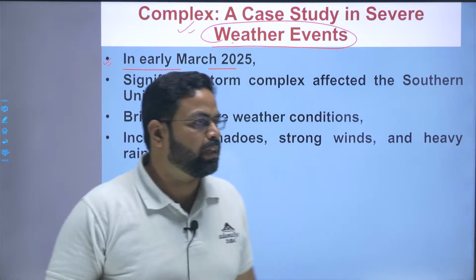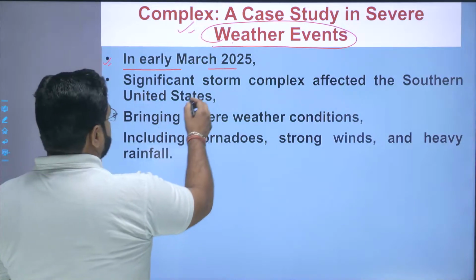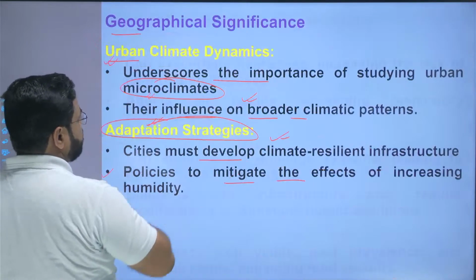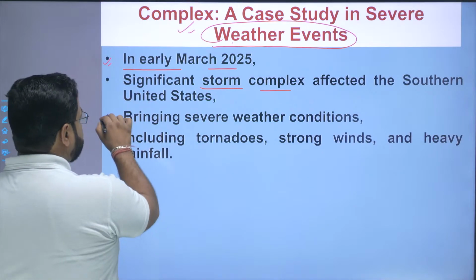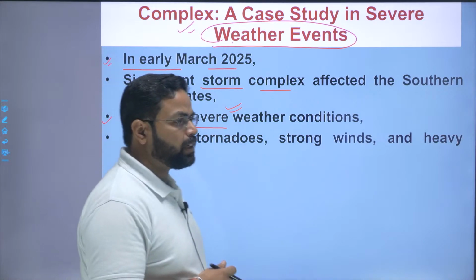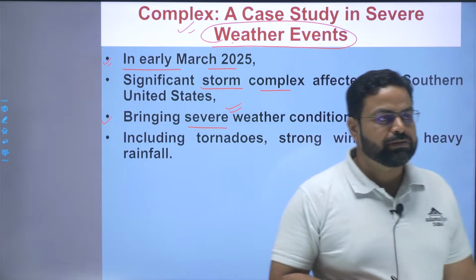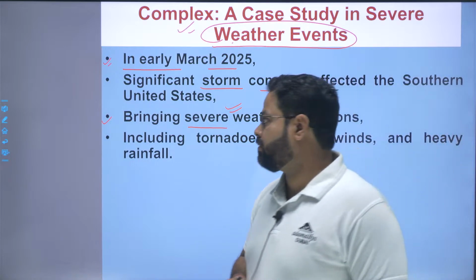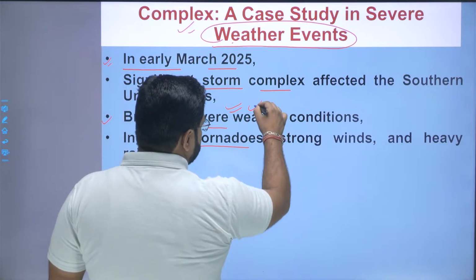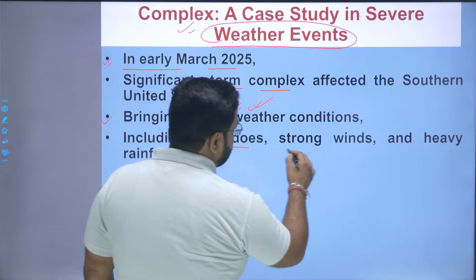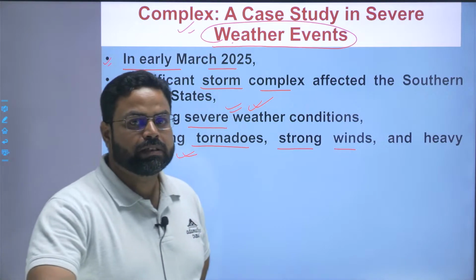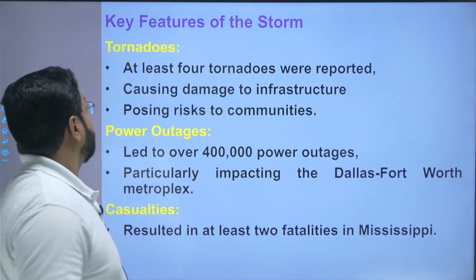Basically, in North America, a significant storm complex affected the southern United States and caused severe weather conditions that impacted the region severely. The weather extremes included tornadoes, strong winds, and heavy rainfall in this region. Now, key features.